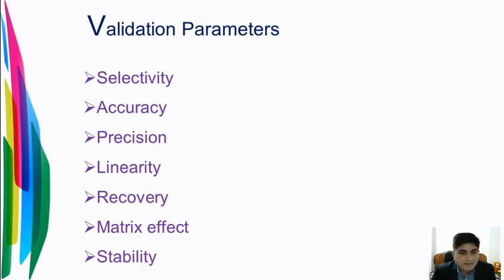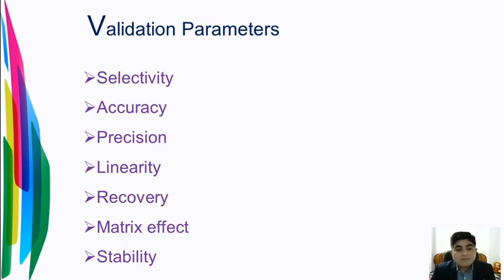Next is the matrix effect. Matrix effect means the drug is soluble in the matrix, so some effect shows up in aqueous versus matrix. There are sets of samples defined in the guideline, by which you can say that this is a matrix effect, due to which results are low or high.